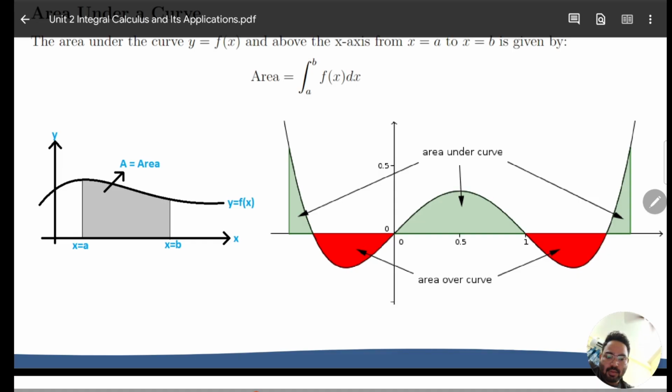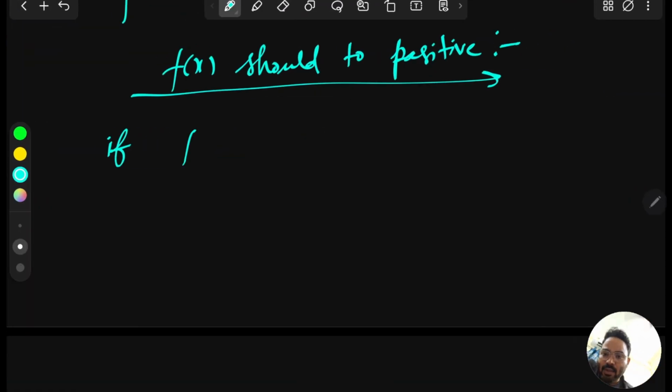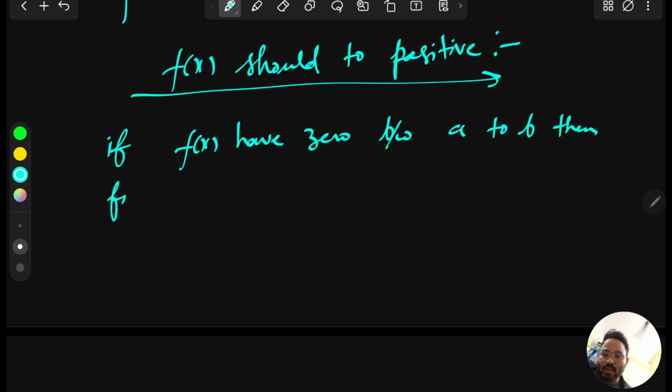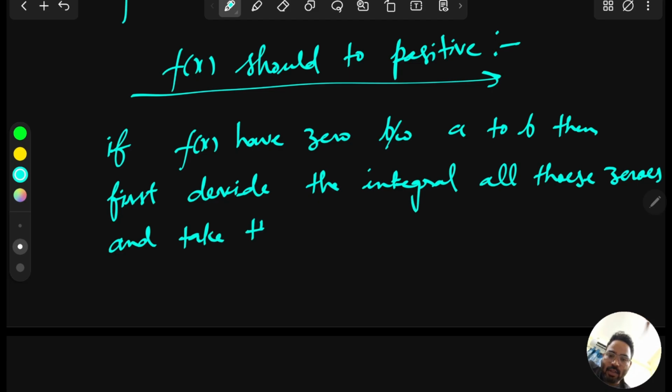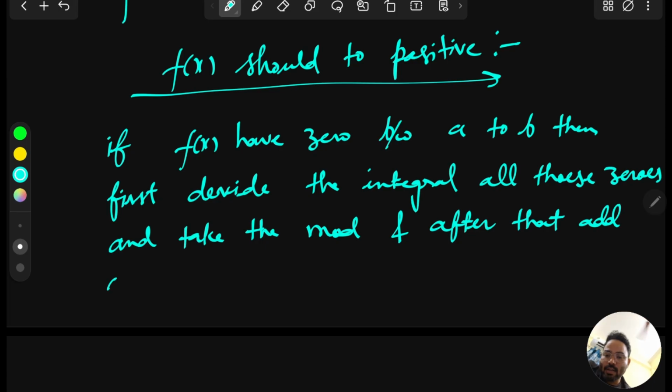If f(x) has zeros between a to b, then first divide the integral at all those zeros, take the modulus, and after that add all the integrals to find the area.